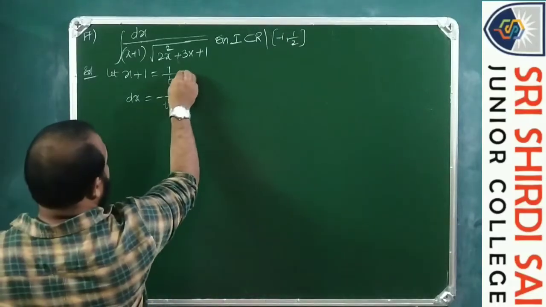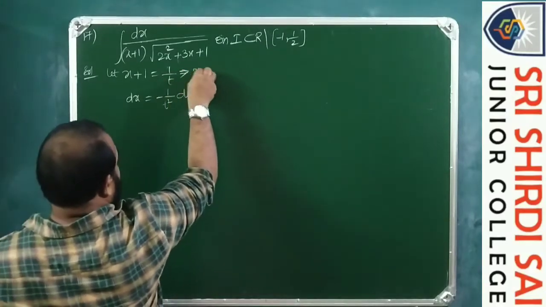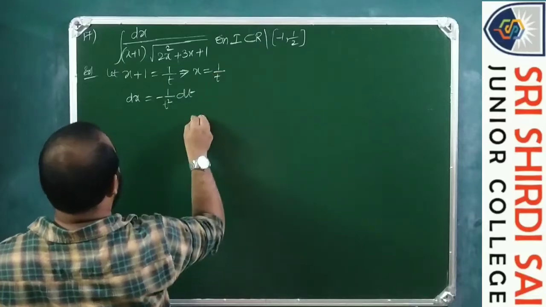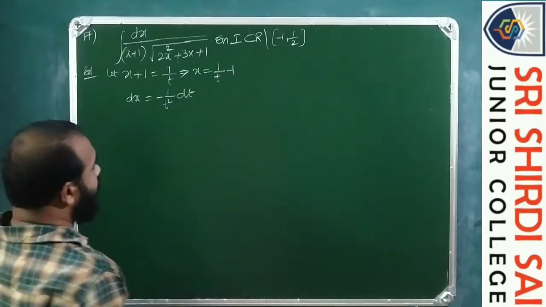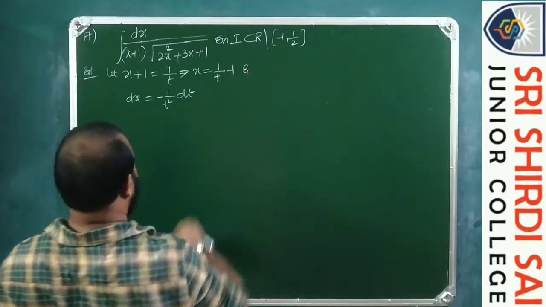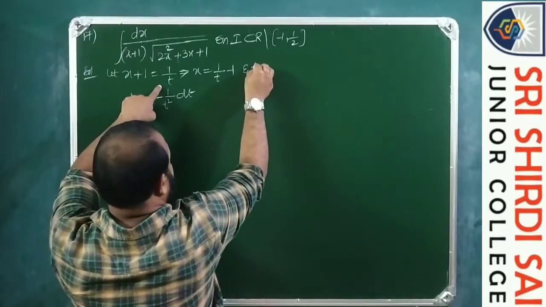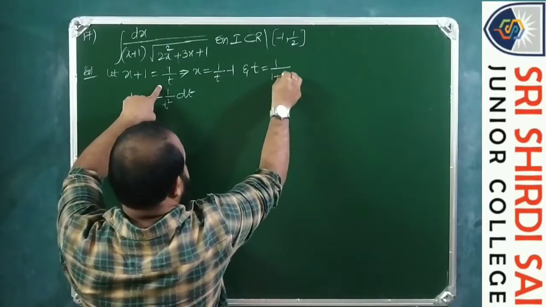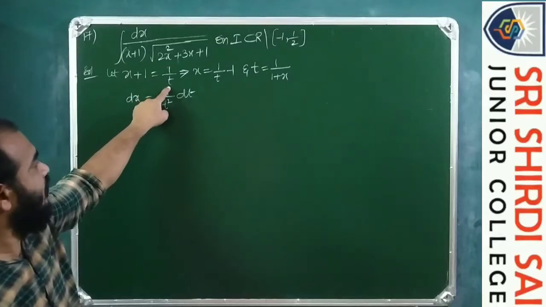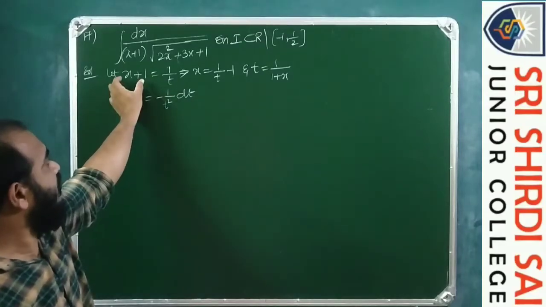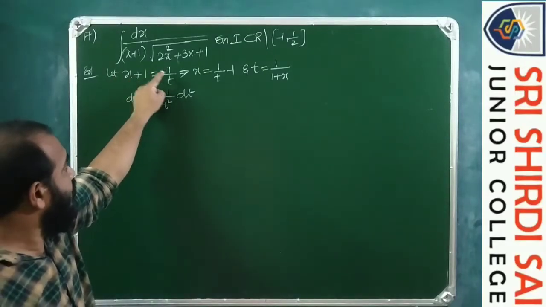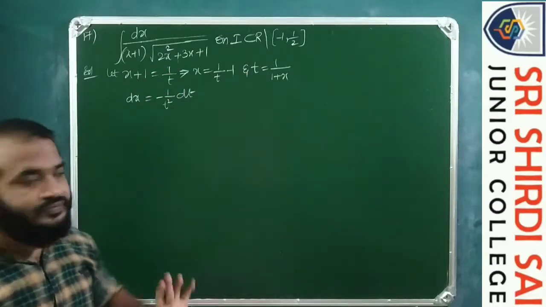From this, x is equals to 1 by t minus 1, and further t is equals to 1 by 1 plus x. I have transposed this onto this side, so t is 1 by x plus 1.